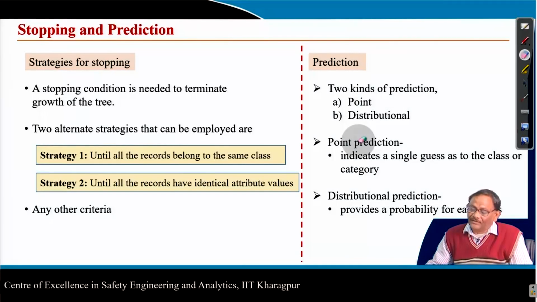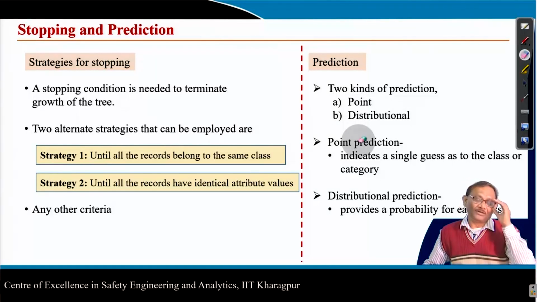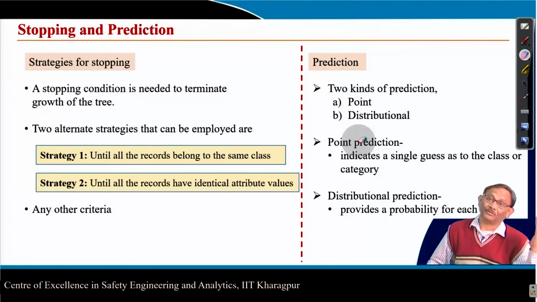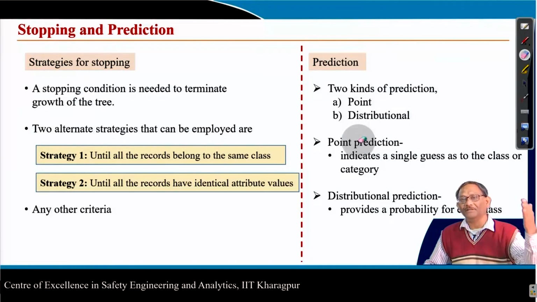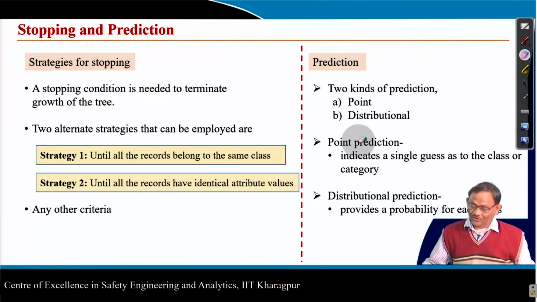So point and distribution prediction are both important. Obviously distribution prediction is better because you are not only telling which group or class the new observation belongs to, but at the same time with what probability. Okay.